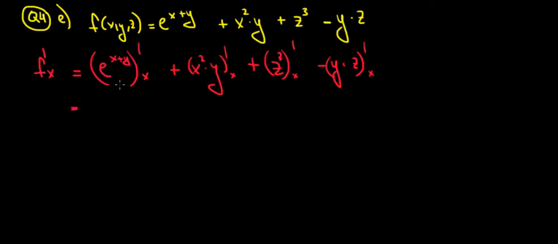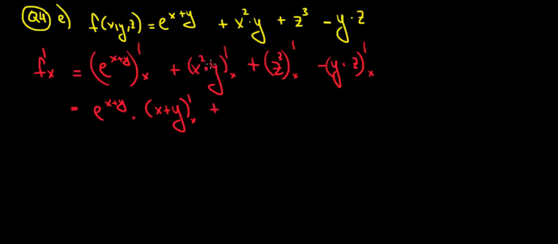Okay, e to a power, we keep it the same, but then we don't have just the power of x, we don't have just the variable of interest, so we have to use the chain rule, x plus y derivative with respect to x, plus, what did we say here?